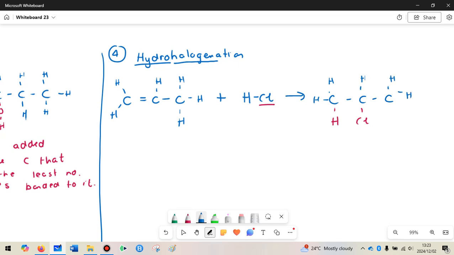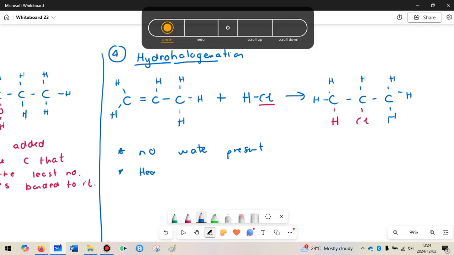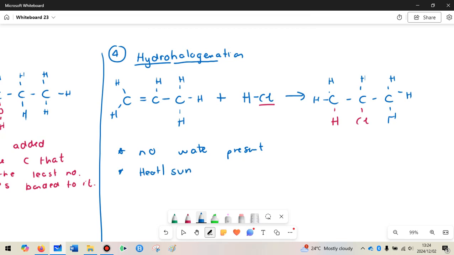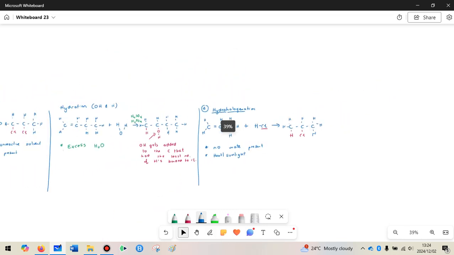Okay, then reaction conditions here: no water must be present. And you do this in heat or sunlight to help the reaction progress. Okay, so those are our 4 addition reactions.